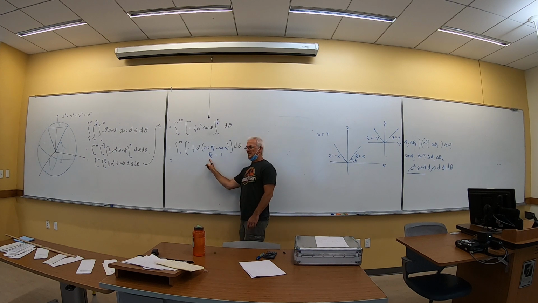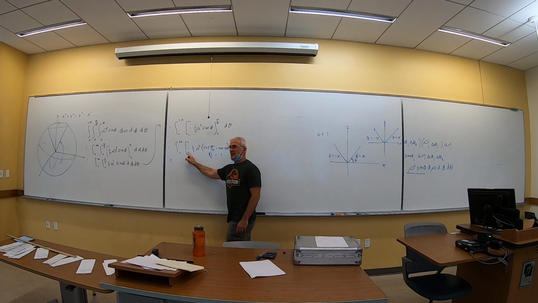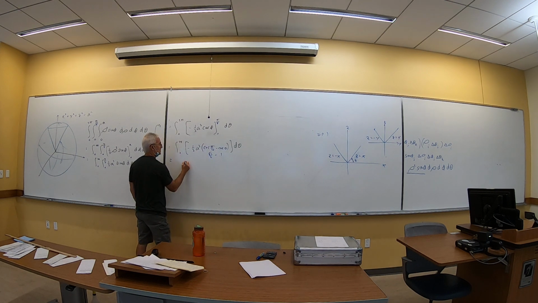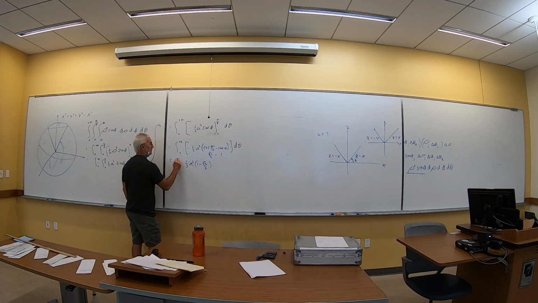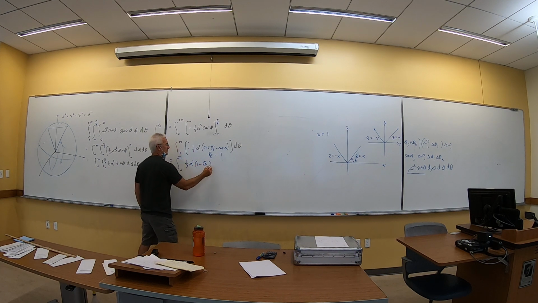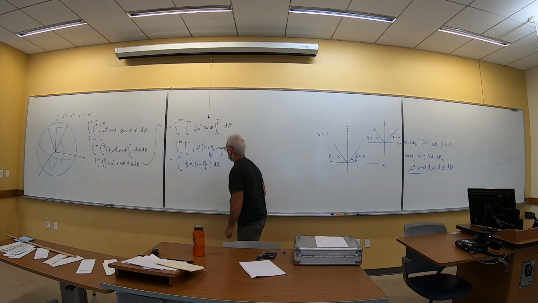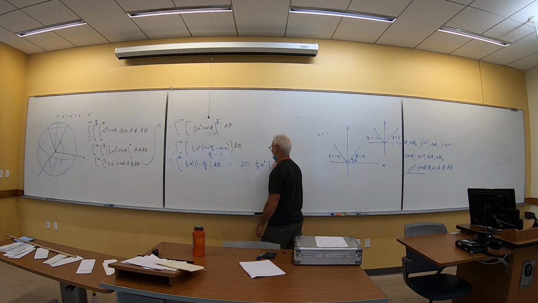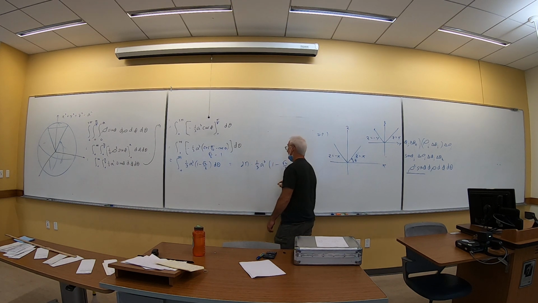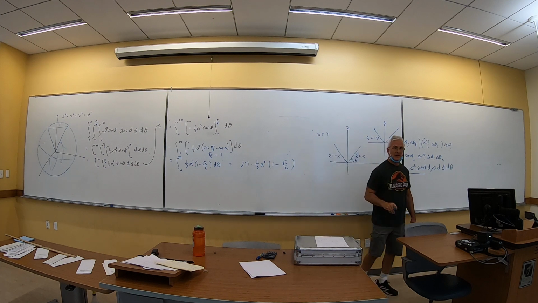This is negative, but I already had a negative here, so I would rather deal with those two things. So now I have positive a third a cubed times 1 minus root 2 over 2 from 0 to 2 pi. So my answer is now 2 pi times a third a cubed times 1 minus root 2 over 2. This is correct. That's ugly.